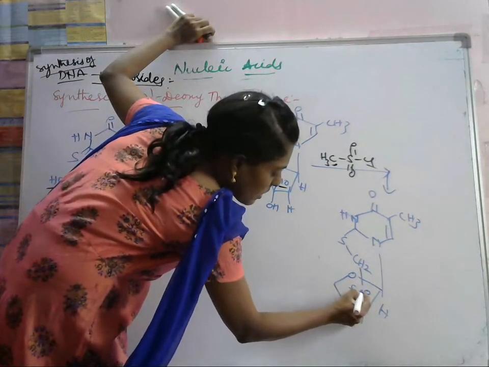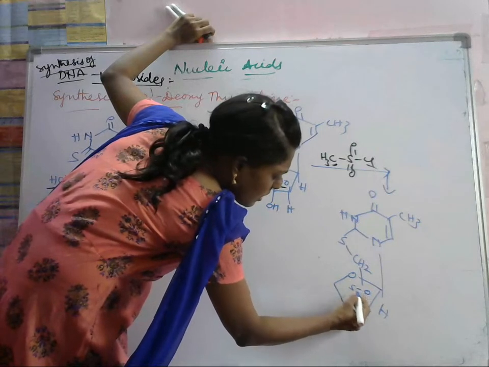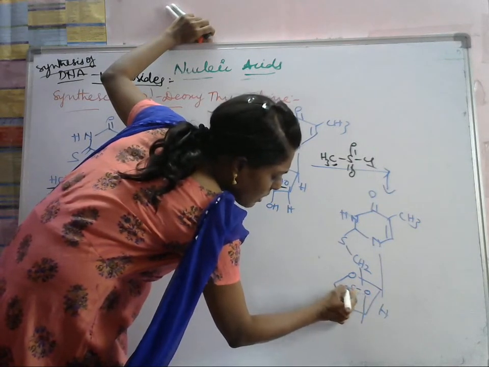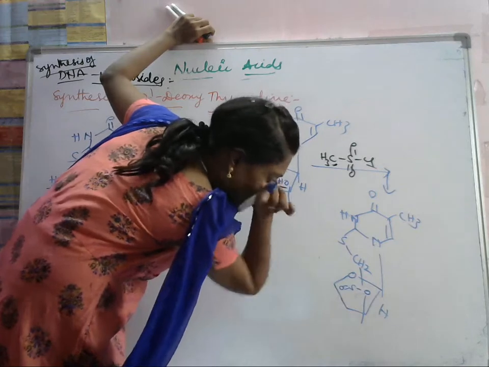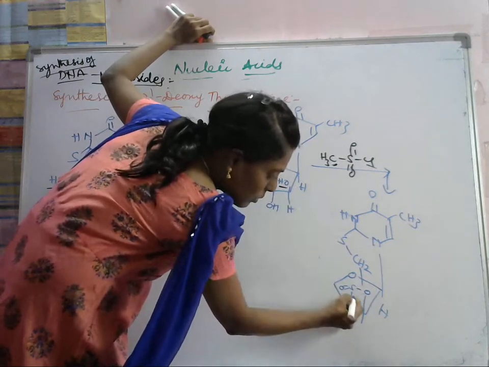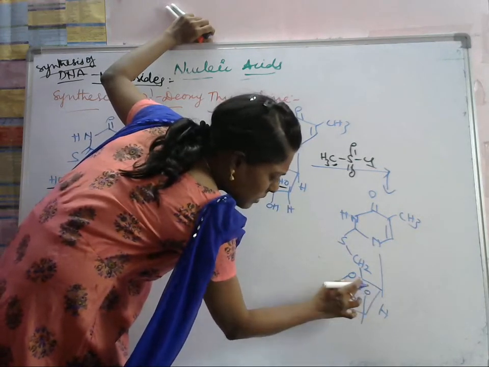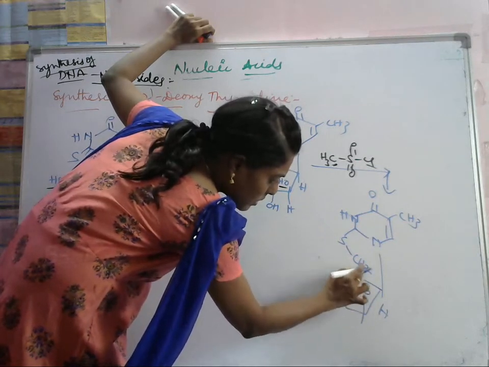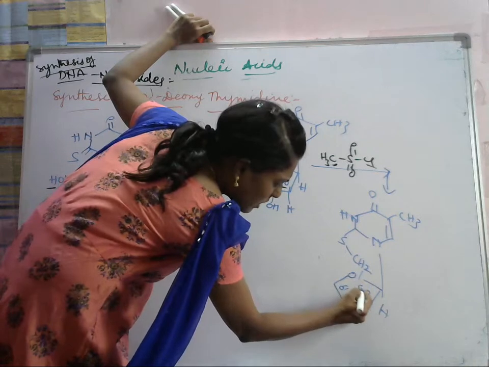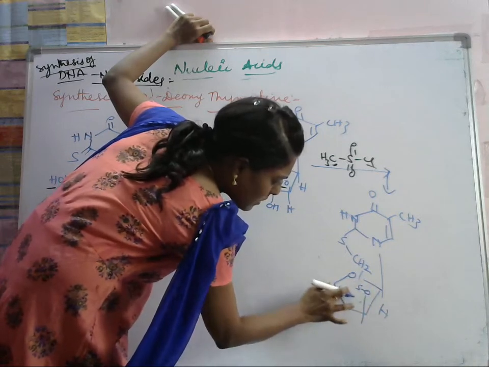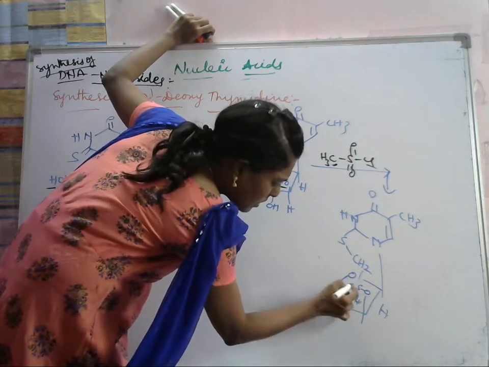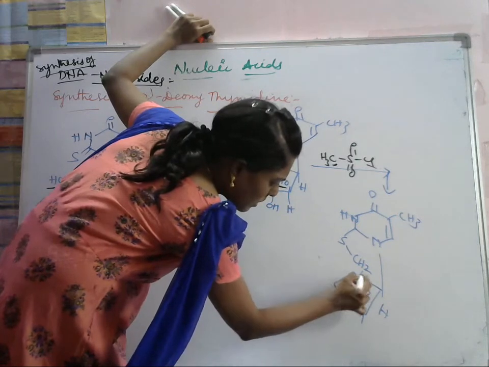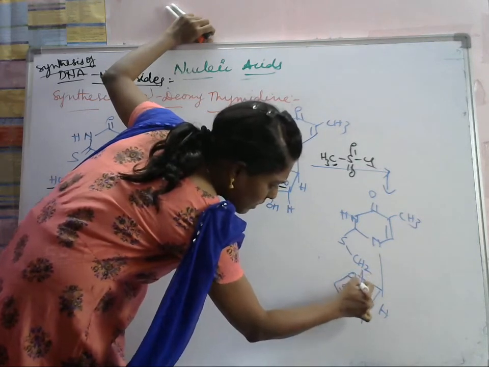O is there, here O is there, double bond O is there. Okay. OH is there. There is a bond formed between this. We can write it as S here. OH here. Double bond O here. We have to write this.